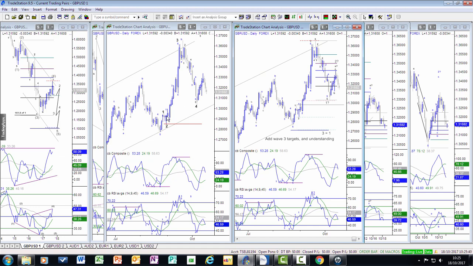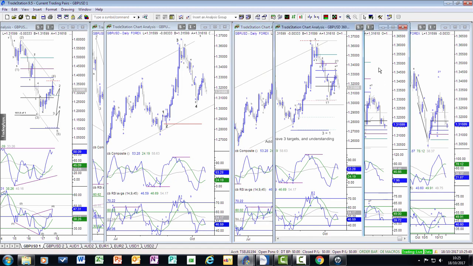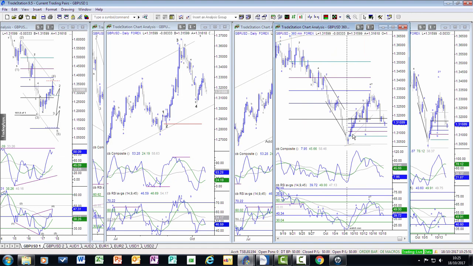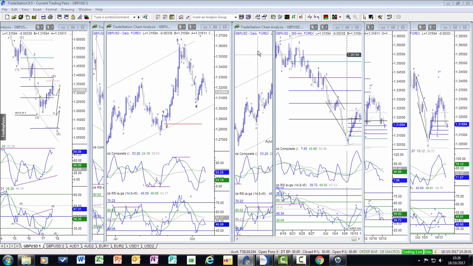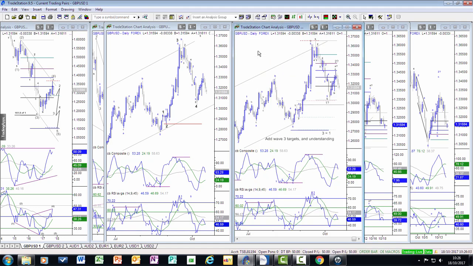For this to still be valid, you'd have to count this as a 1, A, B, C, 2. It's a possibility, but I think this is far better labelled as an A, B, C, A to a 50% retracement. We're in the process of a B wave and then a C wave, and then this currency pair may continue to the downside.